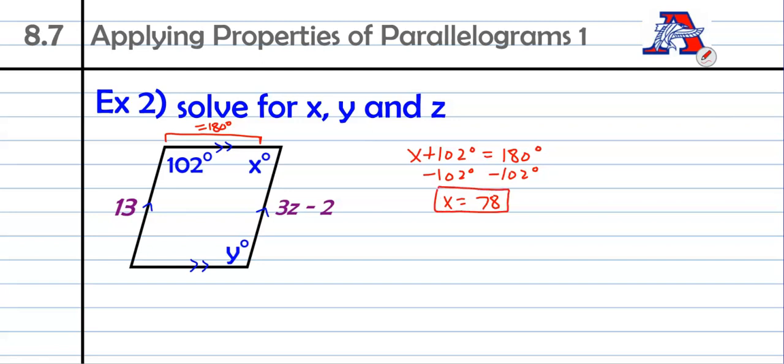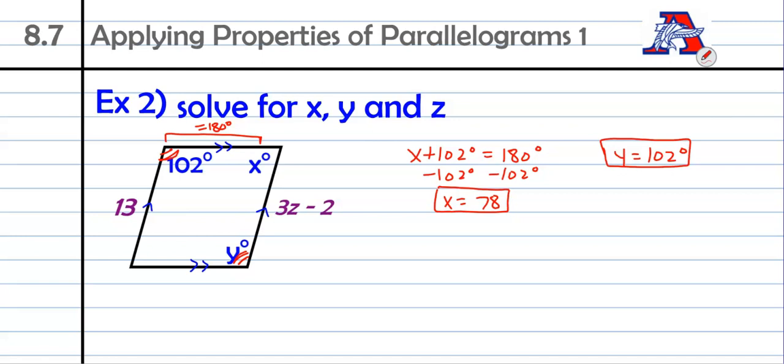So that one's done. And then y is across from 102 degrees. So that one's pretty nice. Those angles have to be congruent to one another. So we can just say that y is equal to 102 degrees. There are other ways to do it. We could have done the whole adjacent angle thing with angle x, but it's probably easier to just realize that you have it right in front of you there.